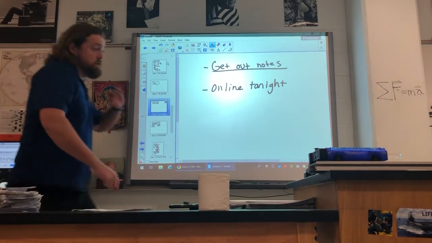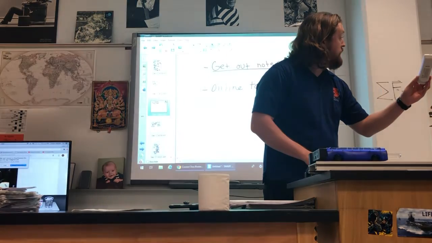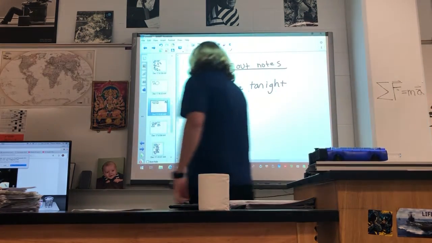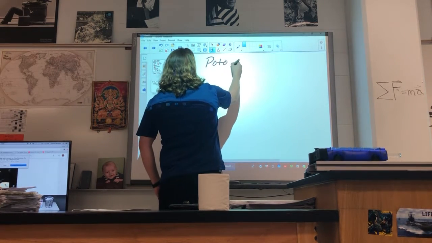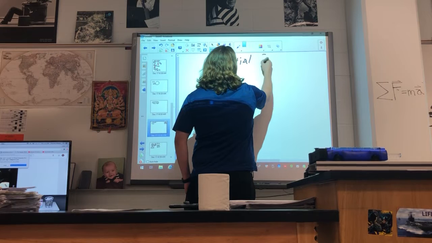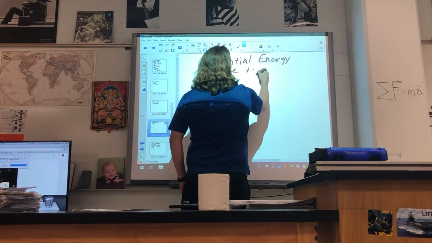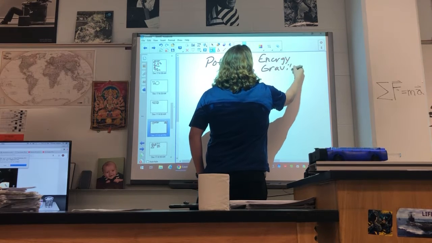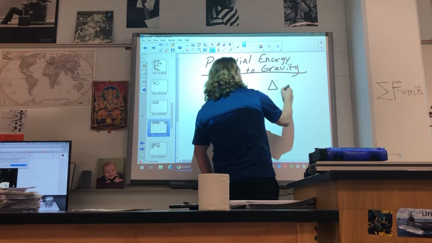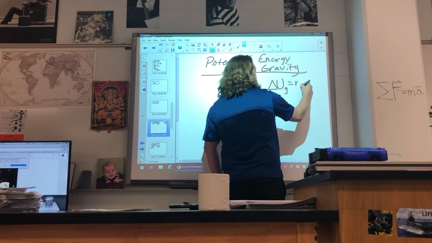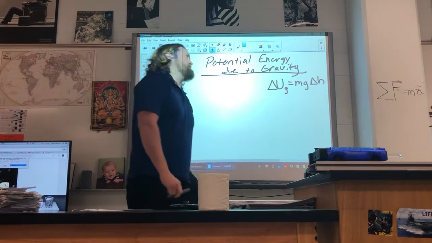Anyhow, let's see this here. Now, we left off yesterday talking about potential energy due to gravity, right? Up until this point, when we talked about potential energy due to gravity, we would reliably find it simply by doing mg times delta h.